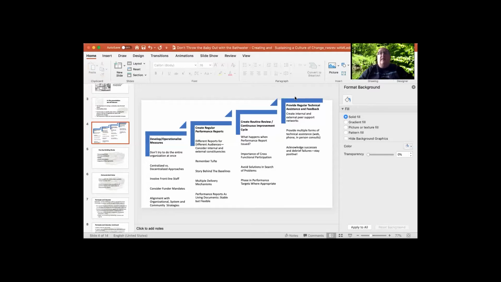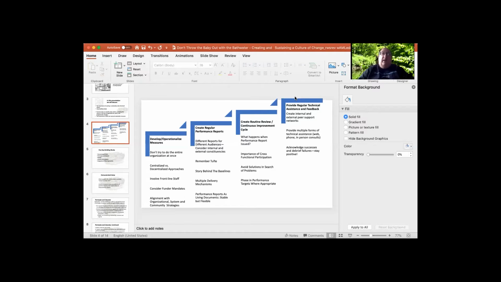You need to have at least an individual, and hopefully a few individuals, whose focus it is to facilitate measurement development and to generate the important performance reports for an organization, and then support the use of them.